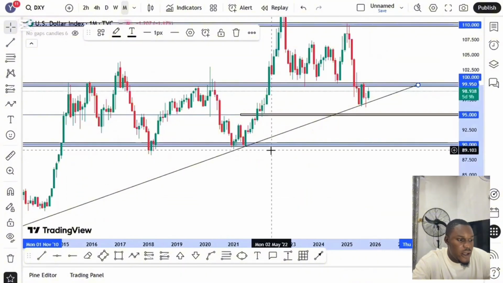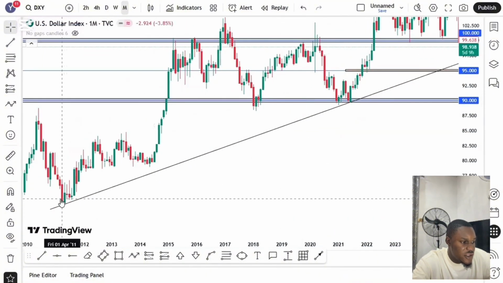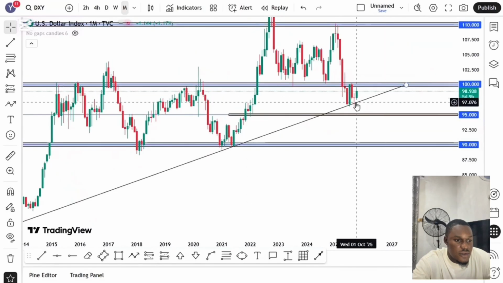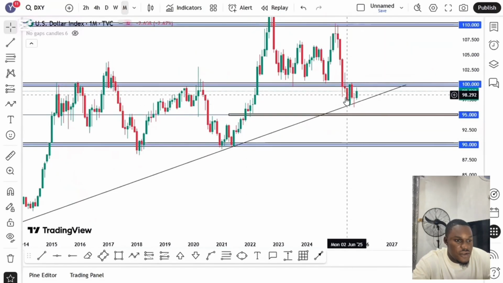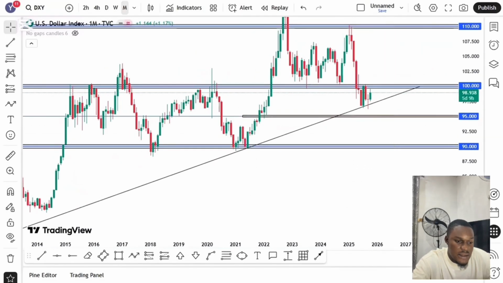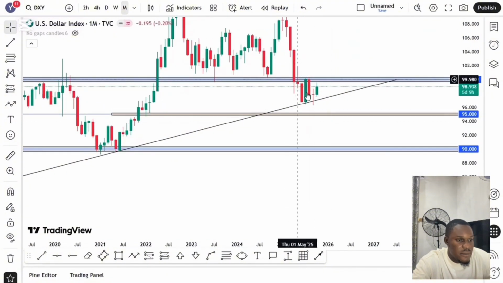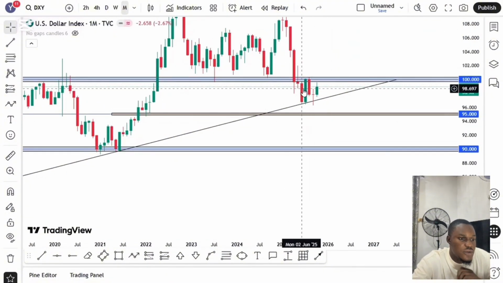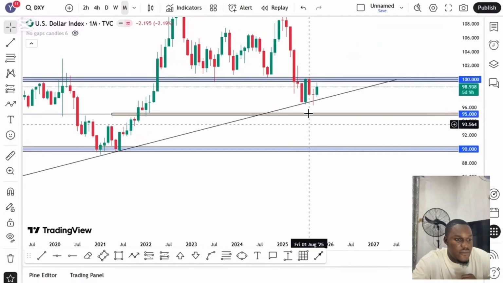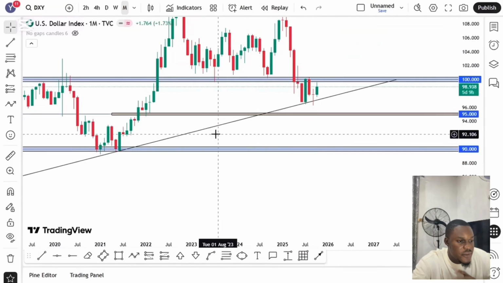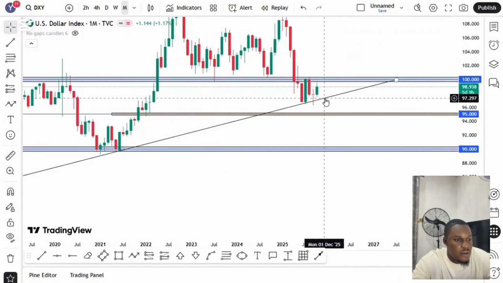We have the first touch here, the second touch here, and the third touch around this region. Ideally, after breaking this key level, the market is supposed to go to the next key level, which is $90, but the trend line is preventing the market from going lower.